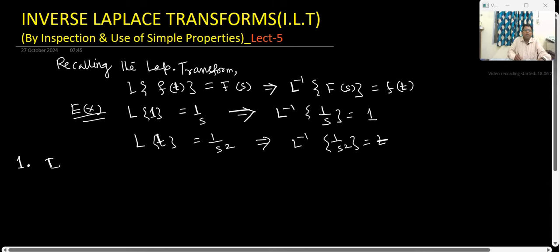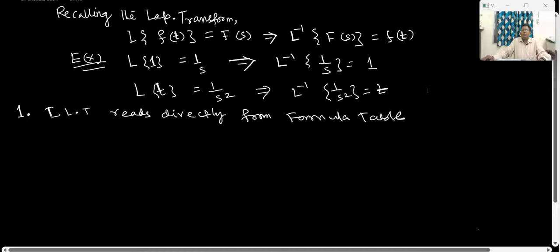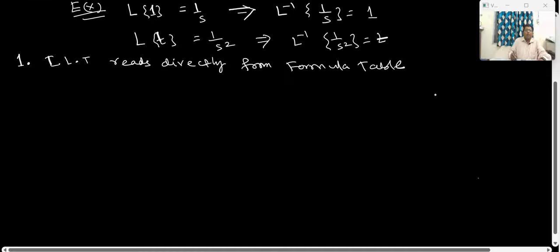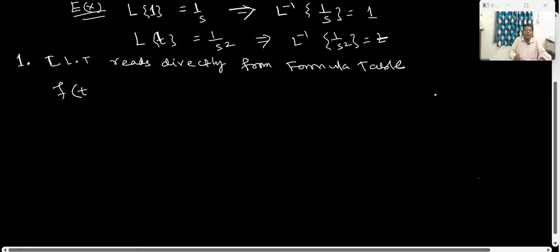The inverse Laplace transform reads directly from the formula table. Already I have told you the Laplace transforms of the given functions. Now suppose you are given f of t, and I come from f of t to F of s.